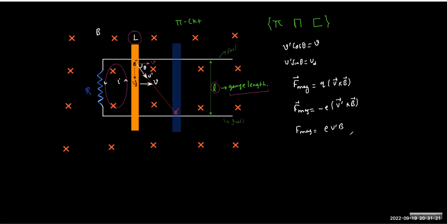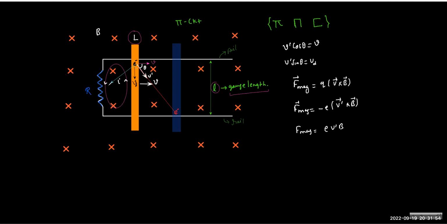Because even though the electron is going at some angle, the magnetic field is still perpendicular. If I try to draw the direction of the net force on the electron, this is the direction of v dash cross B, but the electron is negative, so the net force is like this. So the force on the electron will be like this.